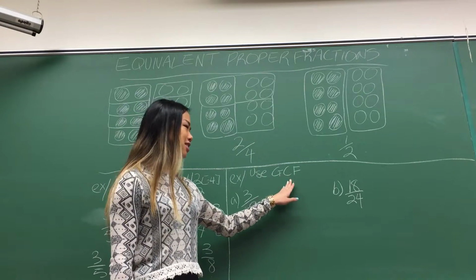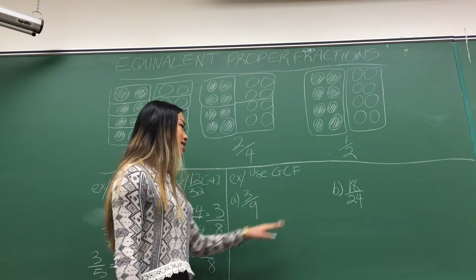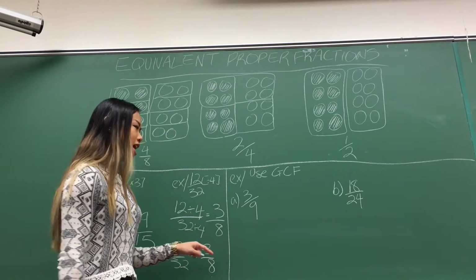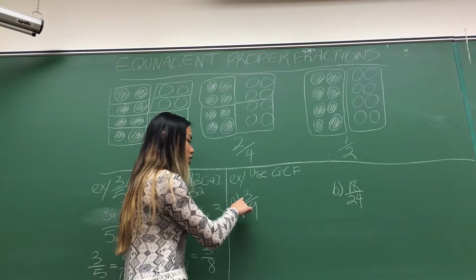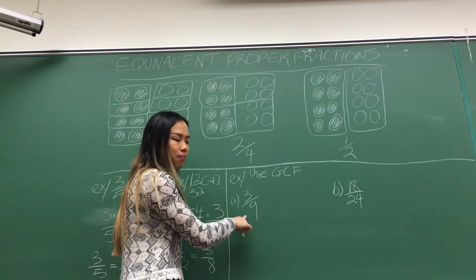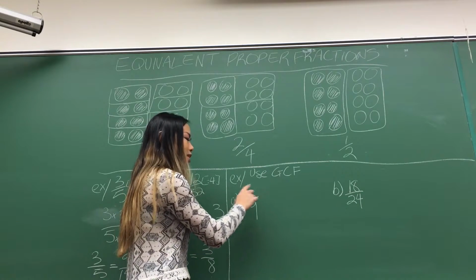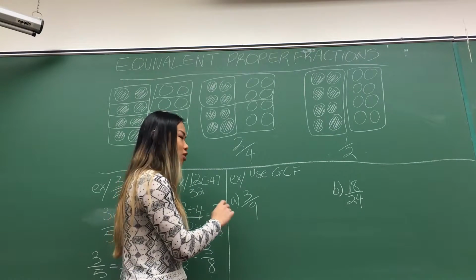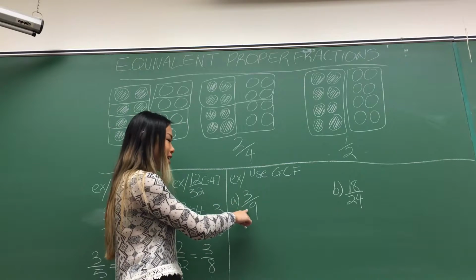That's GCF, greatest common factor. So what that is, is a factor, a number, that is the largest number that evenly divides the top number and the bottom number. Okay, so for this one, we have to find the greatest common factor, the greatest number that equally divides 3 and 9.